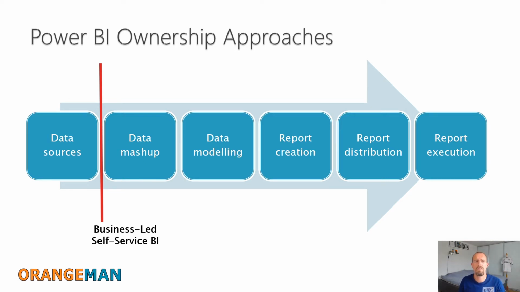So yeah, taking it a step back again, we saw that the business-led self-service BI is IT only governing the data sources and the power to the business users for all the rest of the process. Then we have the IT managed self-service, where we are setting the bar in the middle and having data mashup, data modeling also controlled by IT, but still power to the business. And this is, as I said before, my favorite approach, because in a lot of cases the business has just more insights in what are the reports that are needed by other business users.